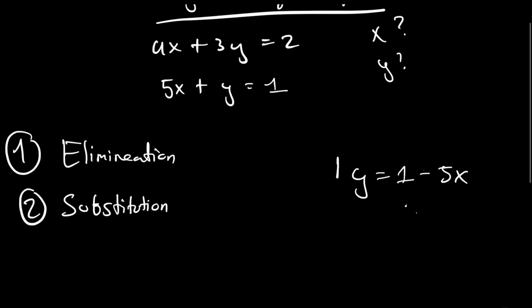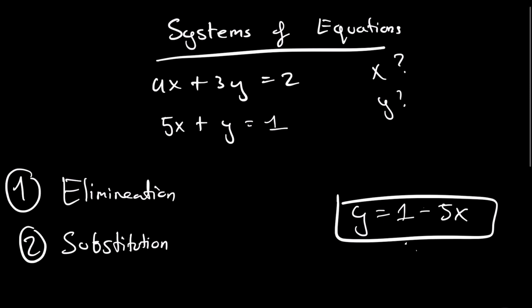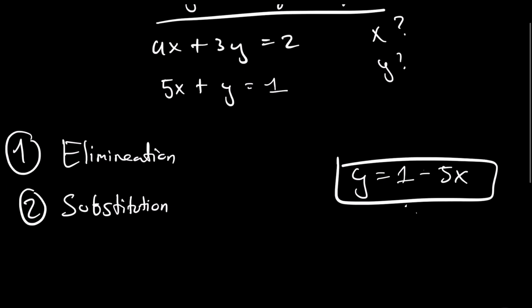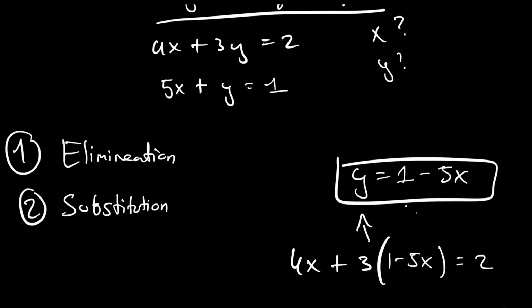And so now that we have y equals 1 minus 5x, we can just substitute that into the other equation, which is 4x plus 3y. But wait, we know what y is, which is 1 minus 5x, so we just substitute it, and then we set it equal to 2.